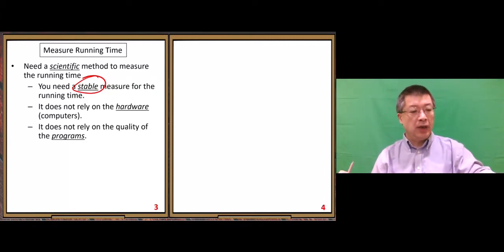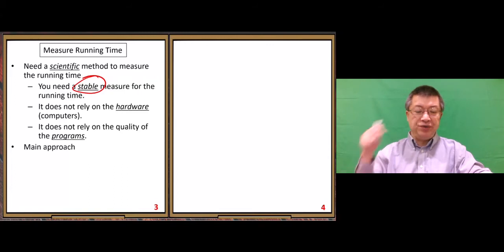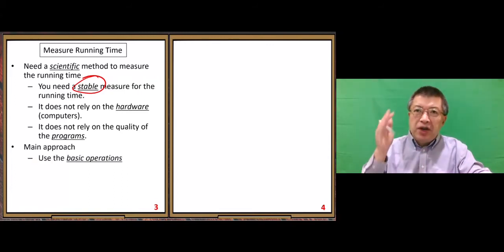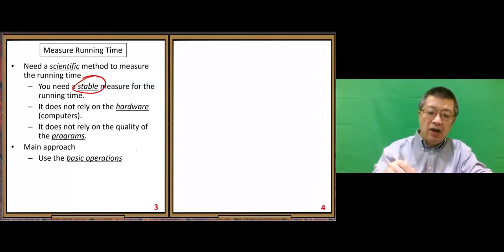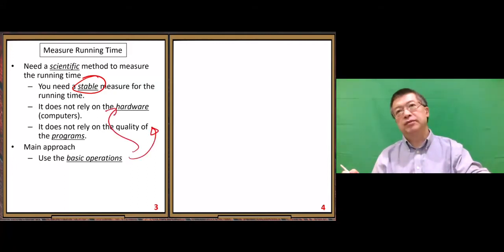All right. The main approach we use is the basic operations. That's stable. That does not rely on hardware or program quality. What are the basic operations?